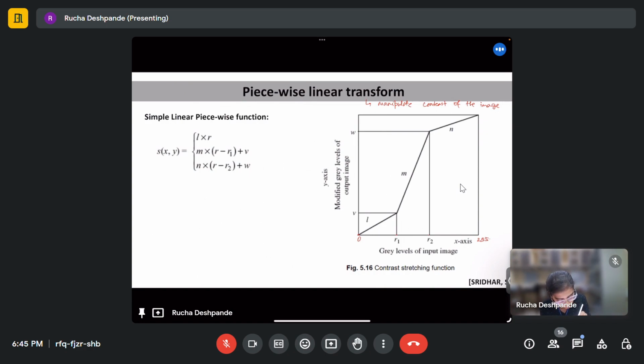So between 0 to r1, then r1 to r2, and r2 to 255. So in these three ranges, we have three different functions.